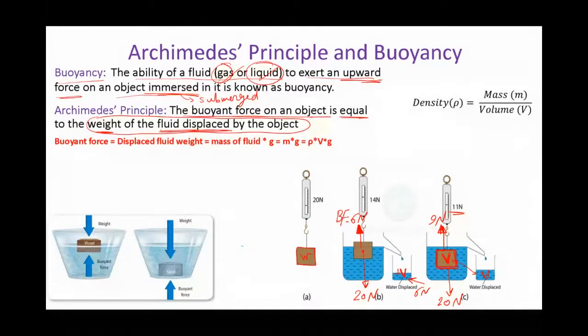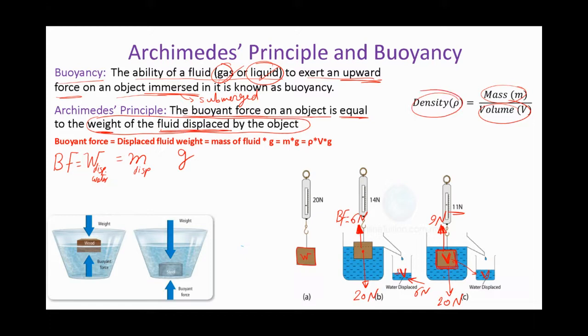Okay, so the buoyant force equals the weight of the displaced water. And the weight is mass times gravity: mass of the displaced water times gravity. But I know that there is a relation between mass, volume, and density. We have just discussed it 5 minutes ago. We can say the mass of whatever object equals its density times its volume.